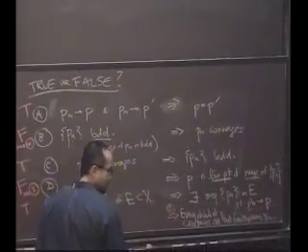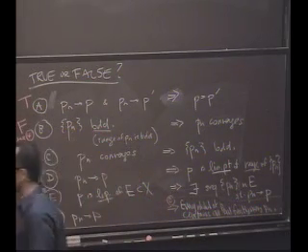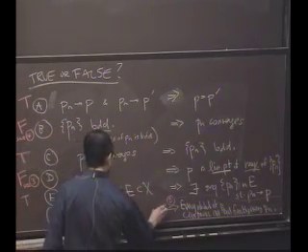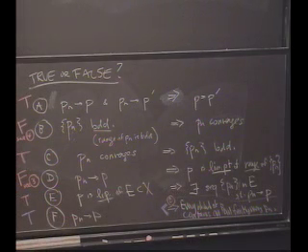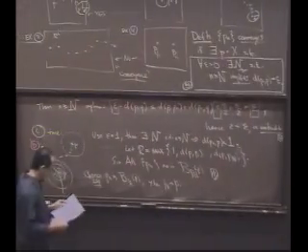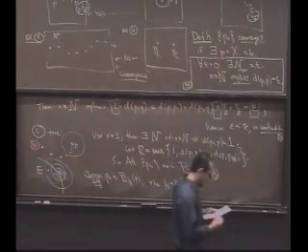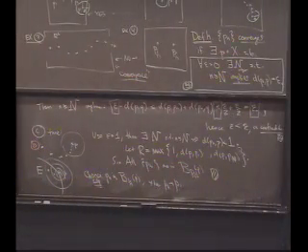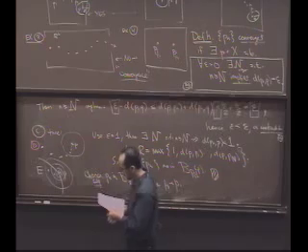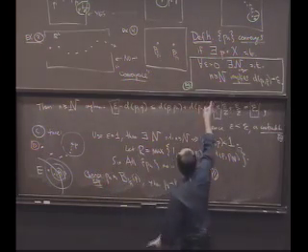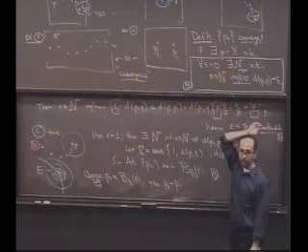It turns out the reverse direction is also true. Why is the reverse direction true? If every neighborhood contains all but finitely many Pn, I claim that means that they converge. Pn converges to P. Why is that? Well, you have to find me a big N for every epsilon.